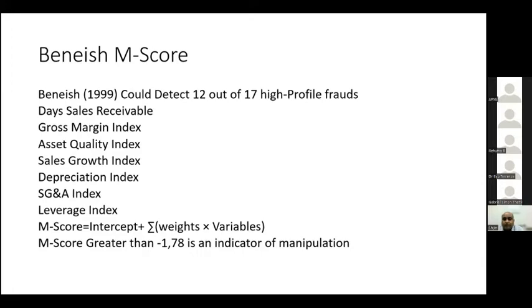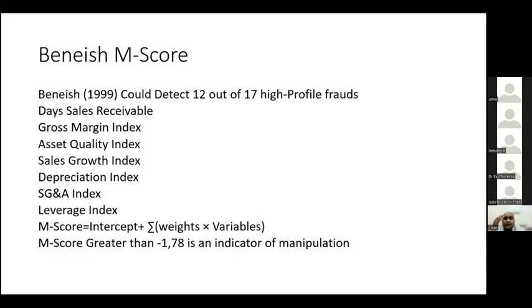You multiply the value you arrive at by your analysis with that weight, as in Altman's Z-score, and find the total value.